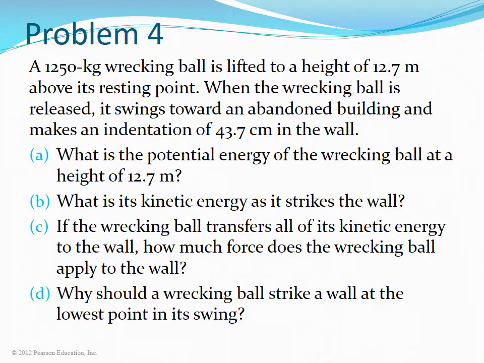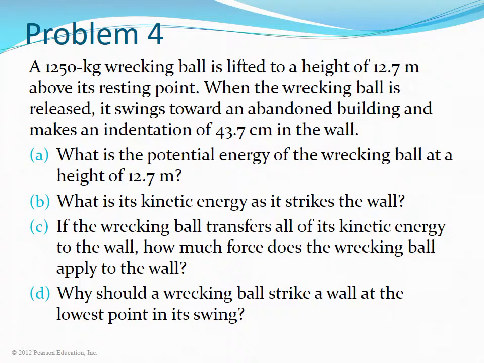A 1,250 kilogram wrecking ball is lifted to a height of 12.7 meters above its resting point. When the wrecking ball is released, it swings toward an abandoned building and makes an indentation 43.7 centimeters in the wall. What is the potential energy of the wrecking ball at a height of 12.7 meters?